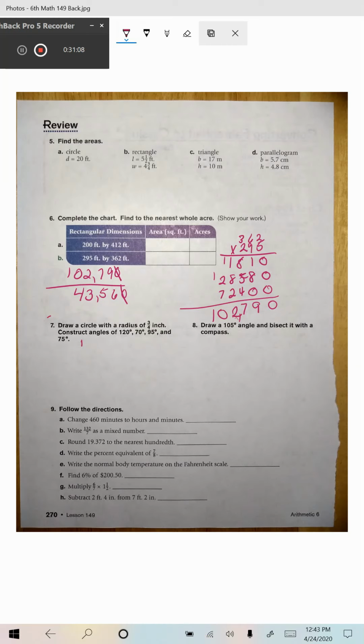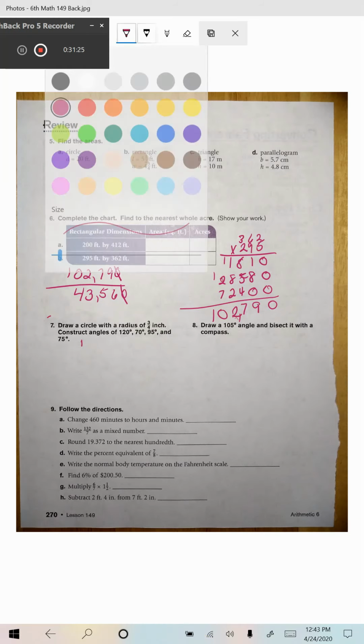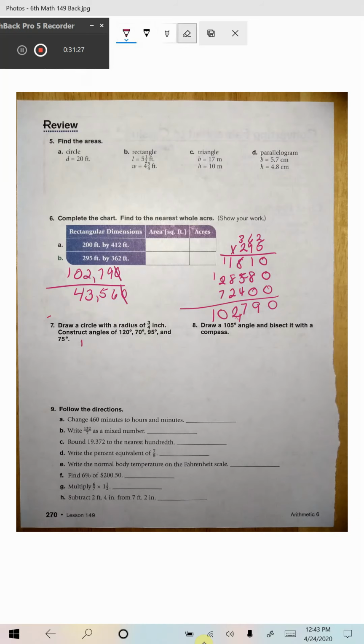Yep. I messed up in the second row. So that's 18, 54, 55. Oh, 27 plus 5 is not 28. Whoops. It's 32.